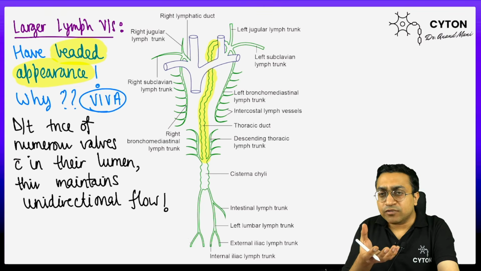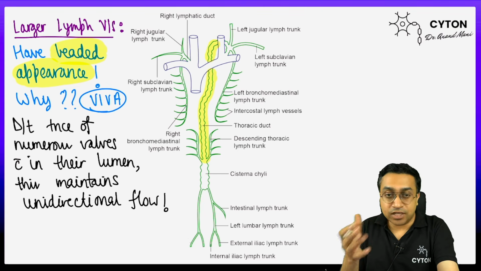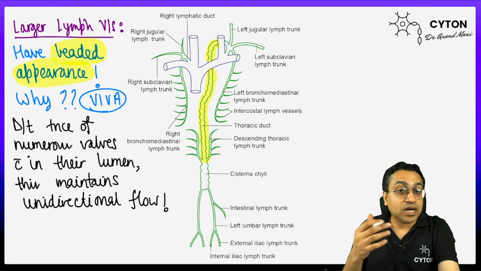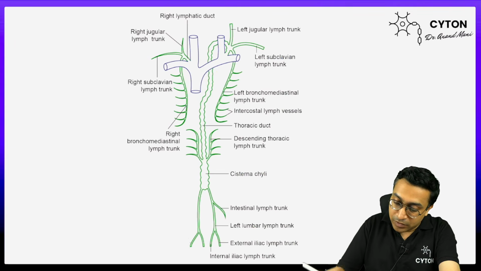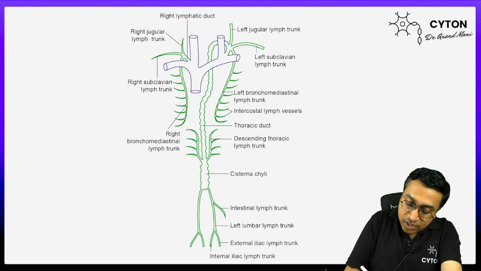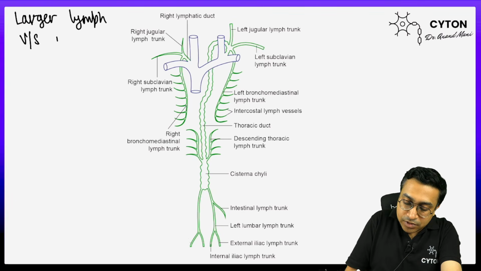So smaller lymph vessels merge to form larger lymph vessels. What do the larger lymph vessels include? Let us understand.